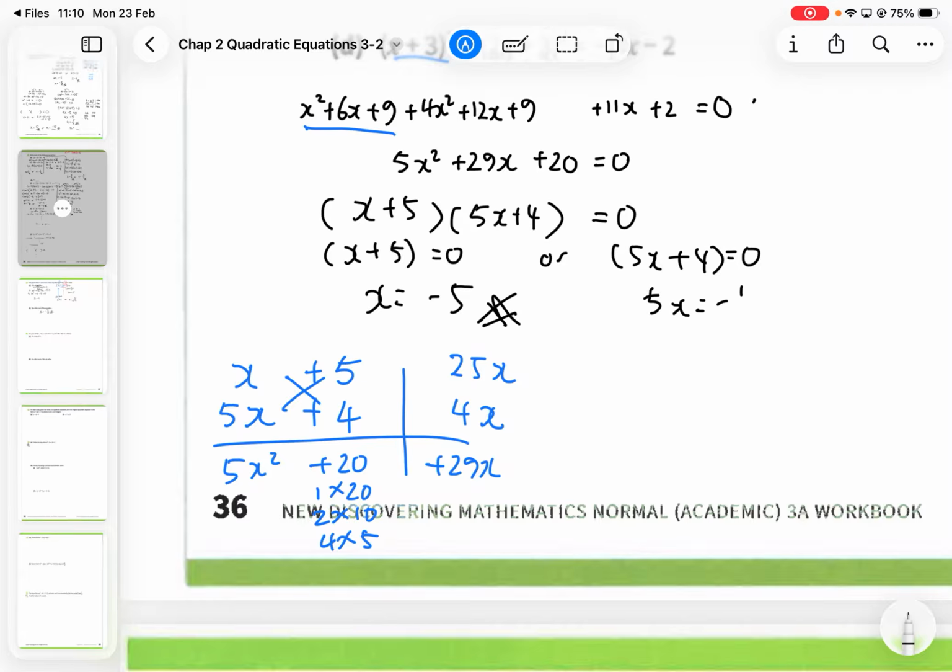Make x the subject, solved. Two answers. Okay?